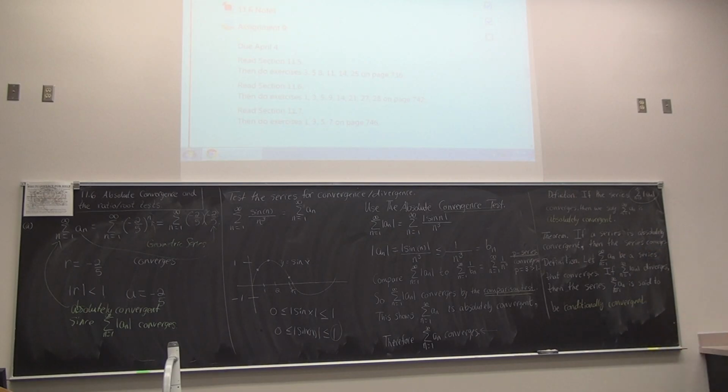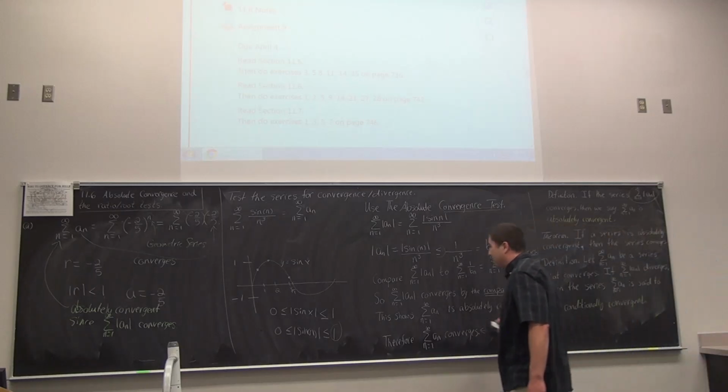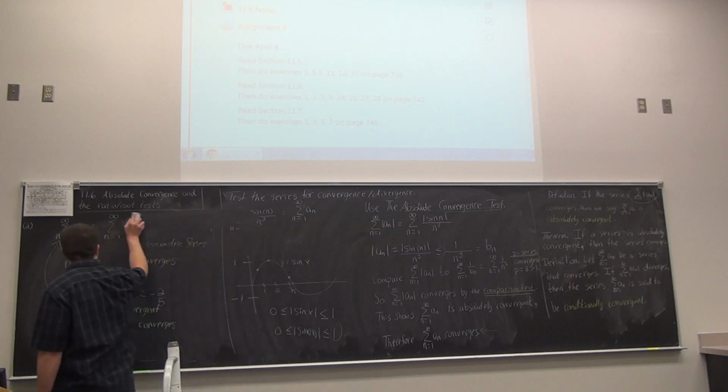So let's look at some examples of conditionally convergent stuff, because those are definitely really, really weird. Anyone happen to know an example off the top of your head? Okay, let's start with that then. The prototypical example of something that's conditionally convergent.